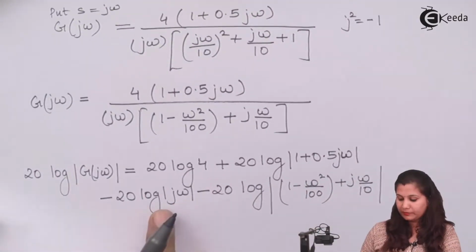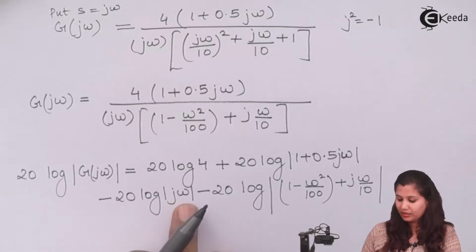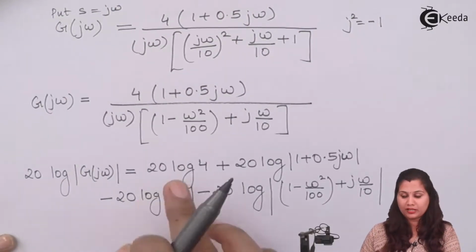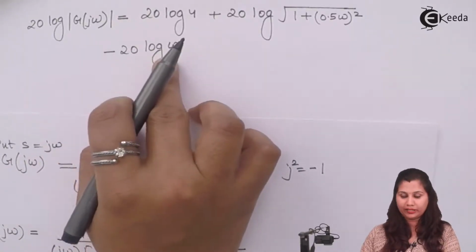The imaginary part is ω and the real part is 0, so under root of ω², so we will write ω here.